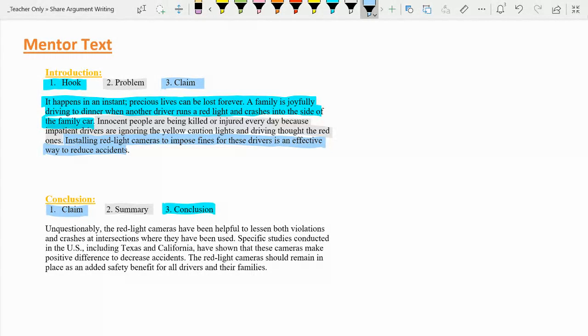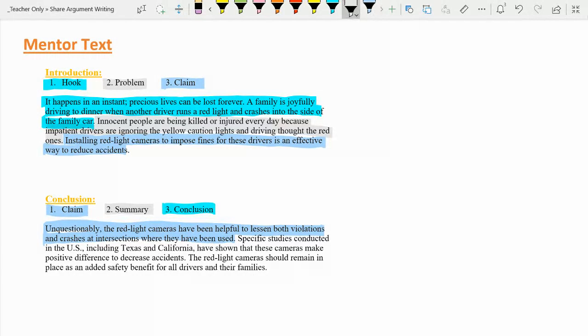So in this paragraph, I'm going to start with my claim. And I'm going to use a really good transition word here. Unquestionably, the red light cameras have been helpful to lessen both violations and crashes at intersections where they have been used. So I'm taking this idea of the red light cameras and how they are effective to reduce accidents, that main idea, and I'm restating it here. Red light cameras, reducing accidents.